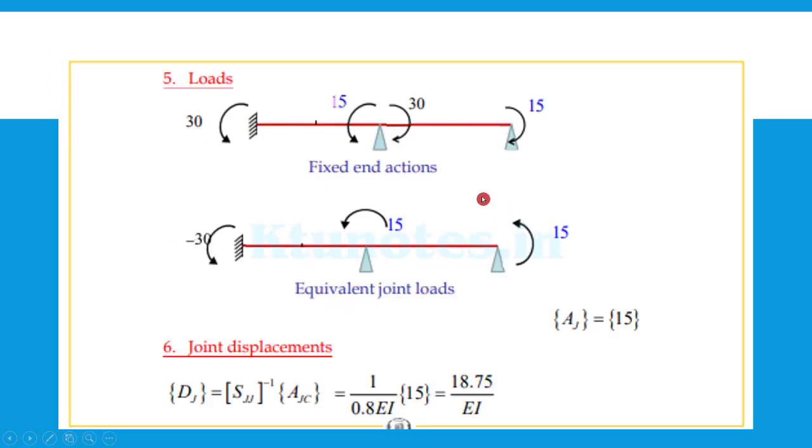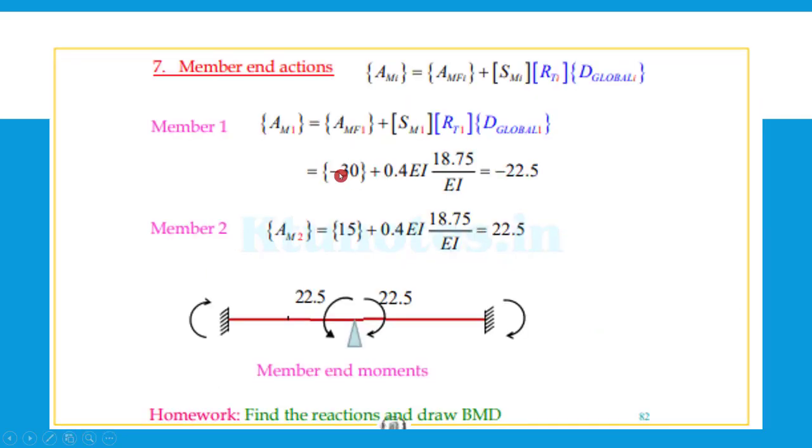For member 2, we have the value as 15. So 15 plus 0.4 EI into 18.75 by EI is equal to 22.5. And the member end moments are obtained, and it is actually drawn in the figure, 22.5 and 22.5 in the corresponding directions.